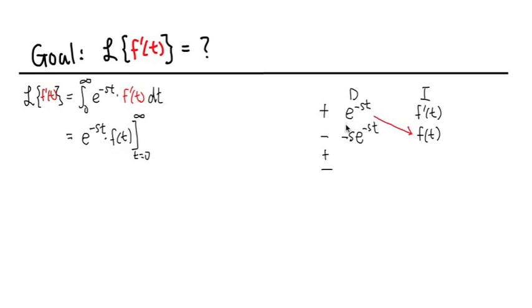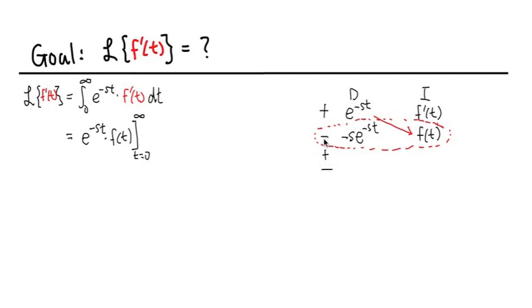But each row right here, the product of these two things, is still an integral. The reason the sign changes plus minus is because if you look at the usual integration by parts formula, it's like uv minus the integral of v du, things like that. That's why the sign changes.